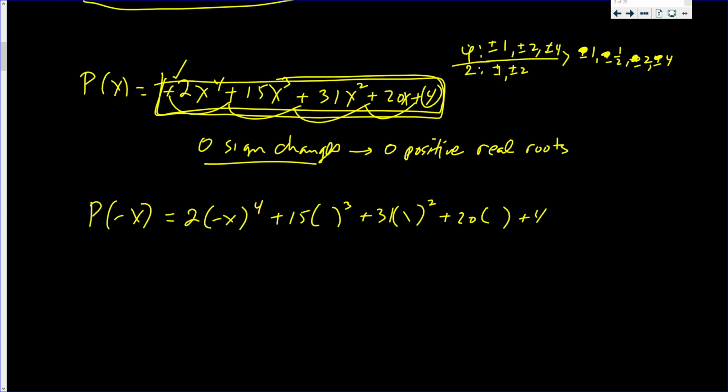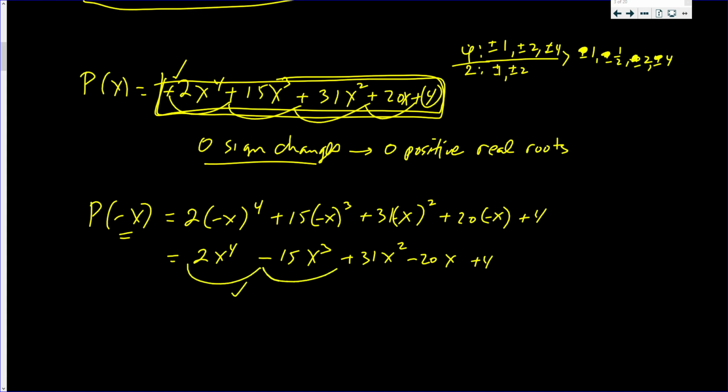If we plug negative x in, we get 2x to the 4th minus 15x cubed plus 31x squared minus 20x plus 4. That's one sign change, a second, a third, and a fourth.